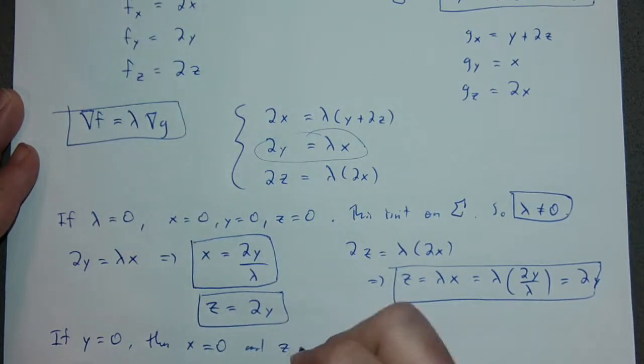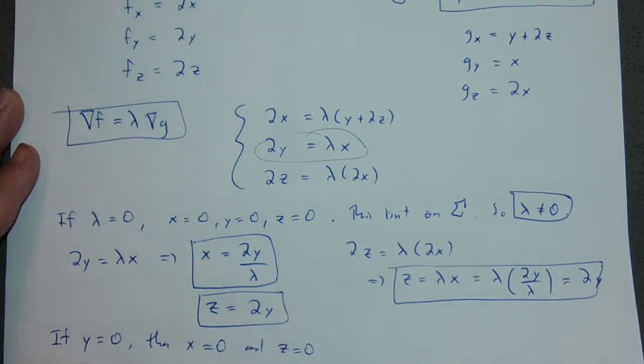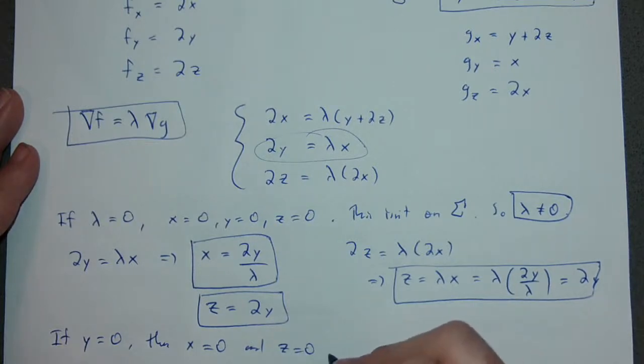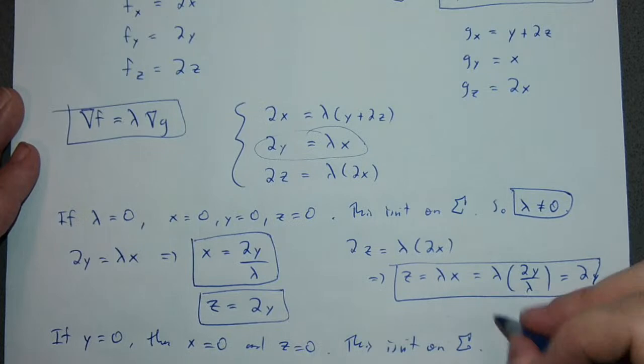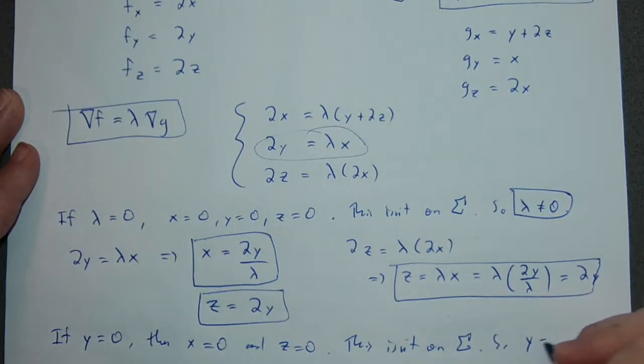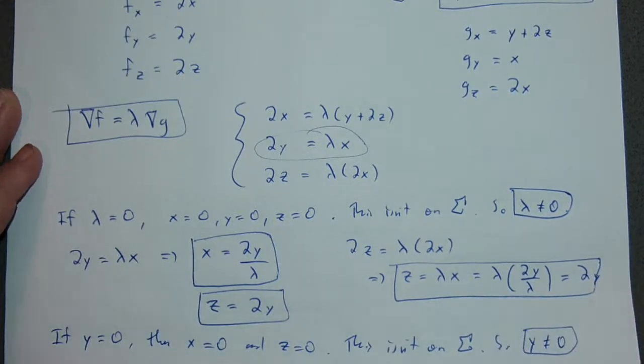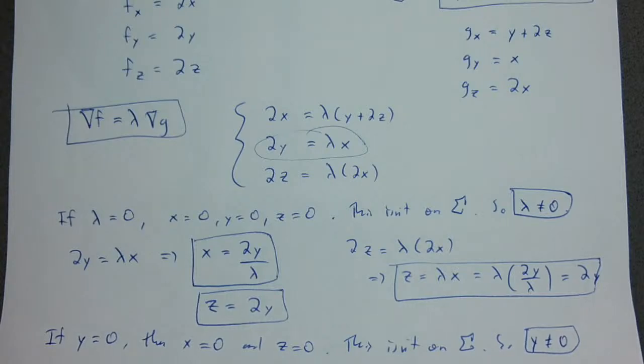And z is equal to 0, since z is 2 times y. So if y is equal to 0, then x is 0 and z is 0. This isn't on sigma. All right, so y is not 0. So I can divide by it.